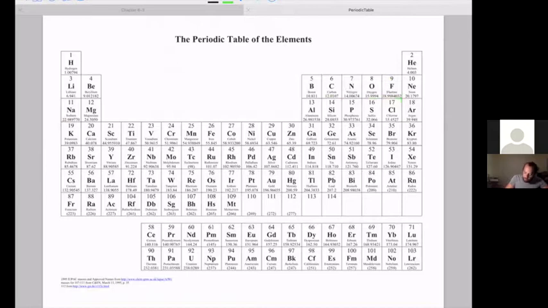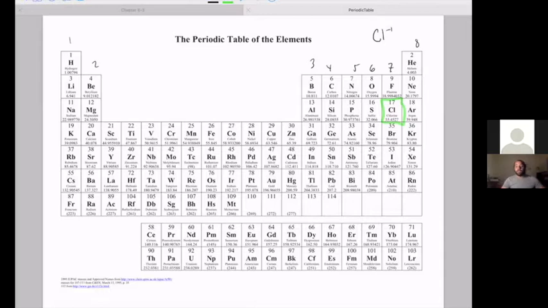So for example, chlorine, we know has 1, 2, 3, 4, 5, 6, 7 valence electrons, which means it likes to accept an electron to form a chloride ion, right? And we knew all that just by looking at the periodic table.